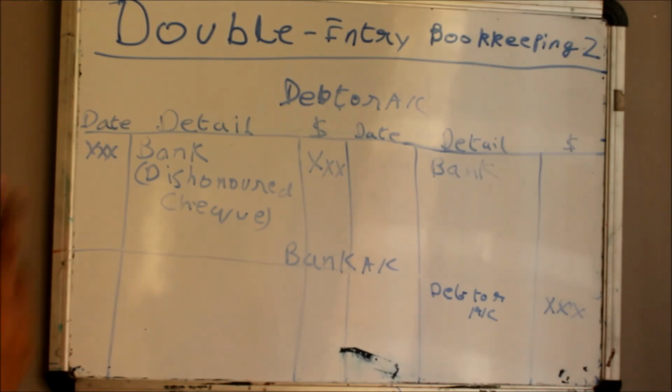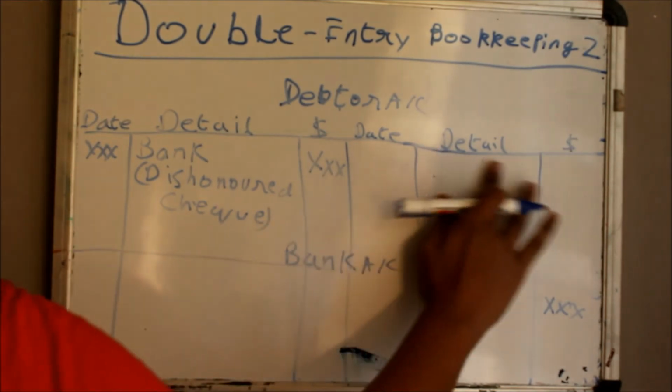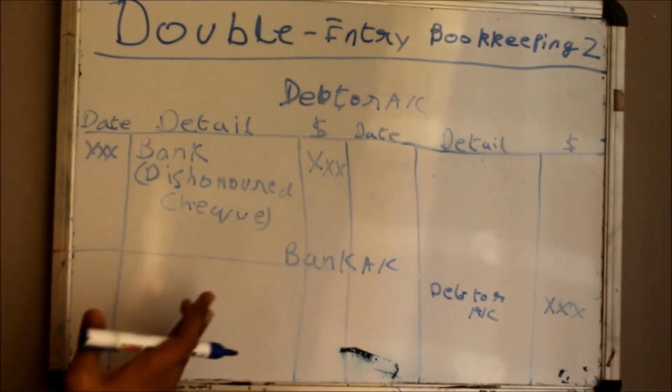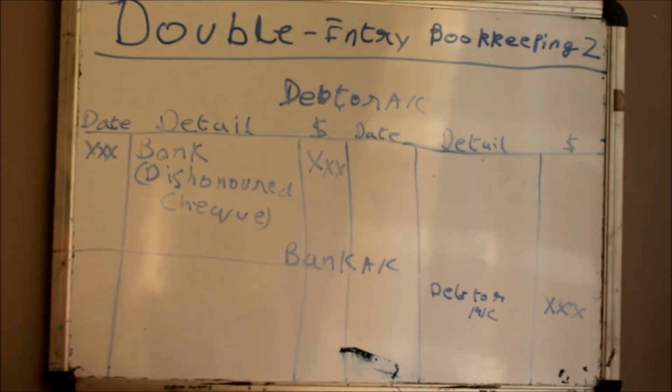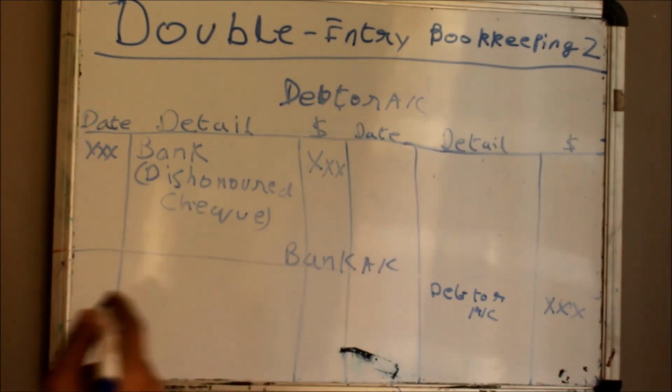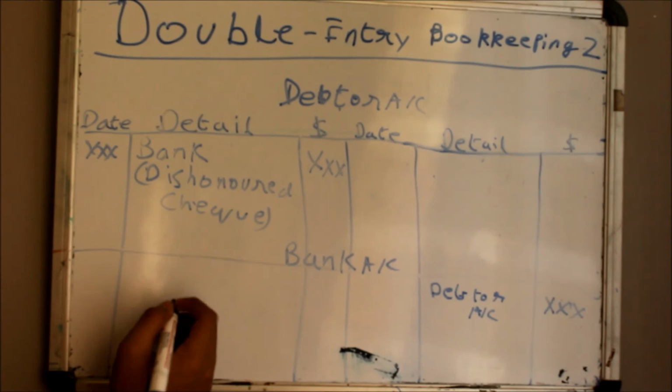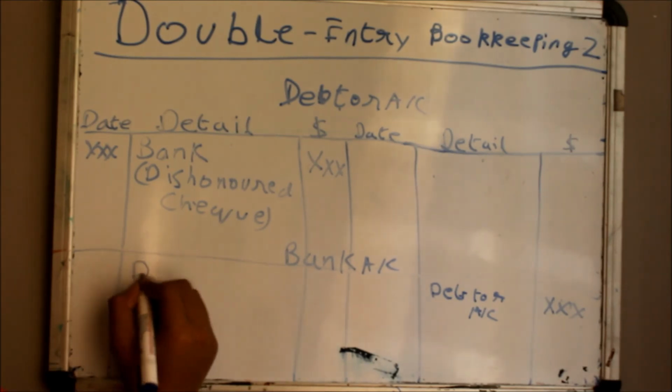Now what would happen if that dishonored check is received after being banked either way? So after writing up the dishonored check, it is treated as, let's say, a temporary loss. So what would happen when the dishonored check is received? Then at that time, on the debit side of the bank account, we're going to write the name of the debtor account.